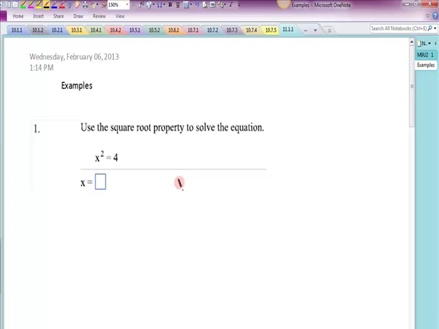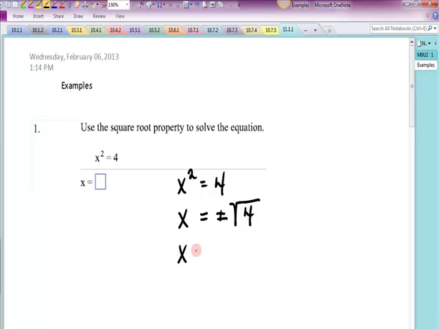The first one, I have x squared is equal to 4. It's in the appropriate format. It is x squared equals a constant. All right, I'm going to take the square root and then take the positive and negative square roots of 4. You'll see that I always write this step down. Sometimes this number is a perfect square.